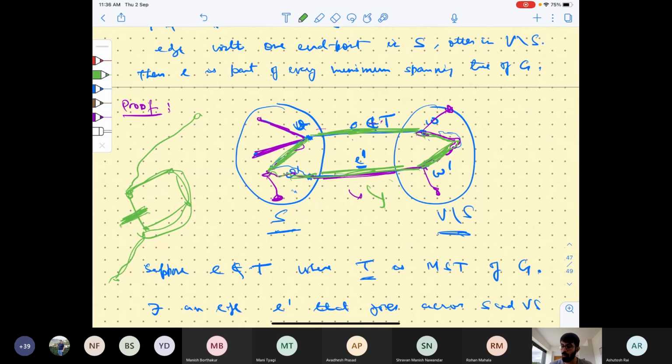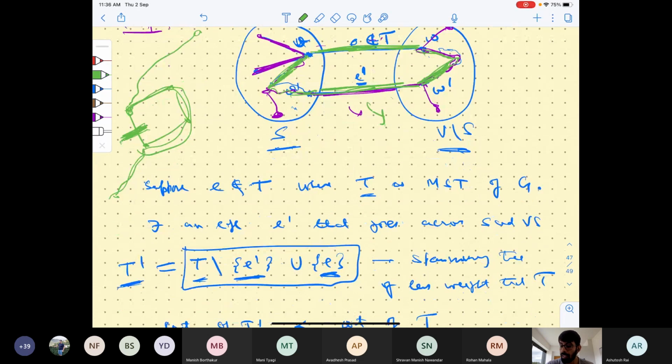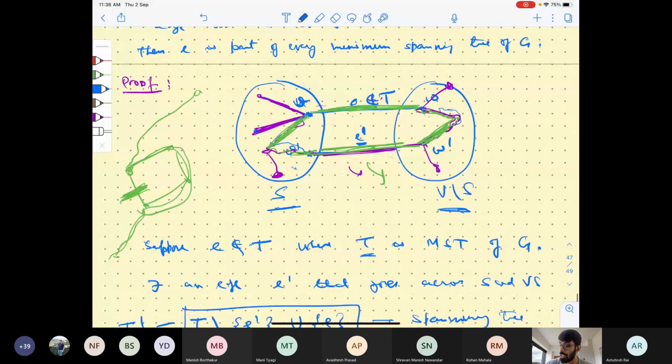But if you want to make it more formal, what does it mean that it does not affect connectivity? That if there is a path from some x to y in T, then we want that path to exist in T prime also.